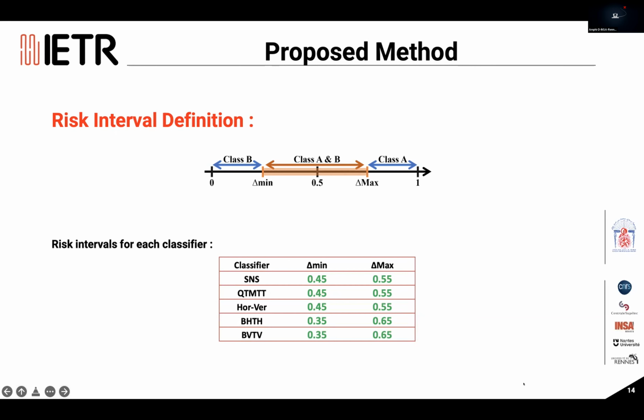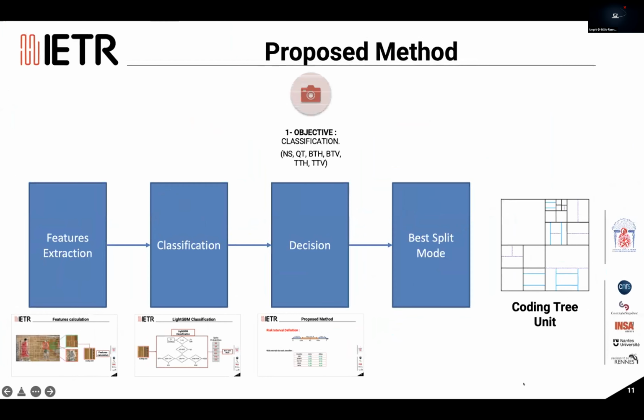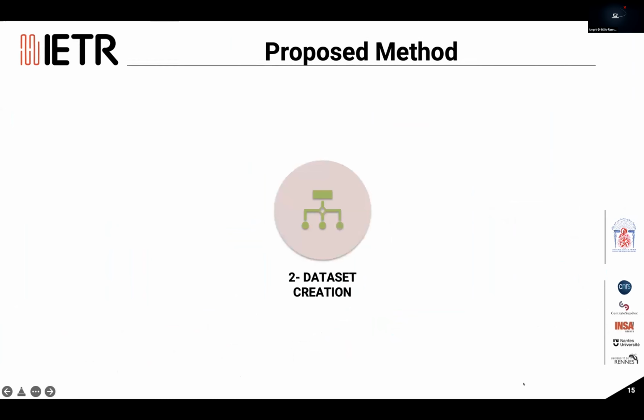If the probability value is greater than the delta max, we select class A. If this value is lower than the delta min, we select class B. If it's in the risk interval, we test both classes. This risk interval allows us to improve our classification performance.